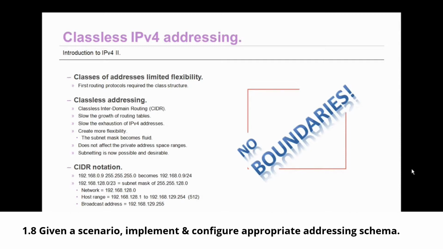We can take it and make it a 192.168.128.0/23. What that /23 really represents is a subnet mask of 255.255.128.0. That gives us a network of 192.168.128.0, with a host range of 192.168.128.1 through 192.168.129.254.